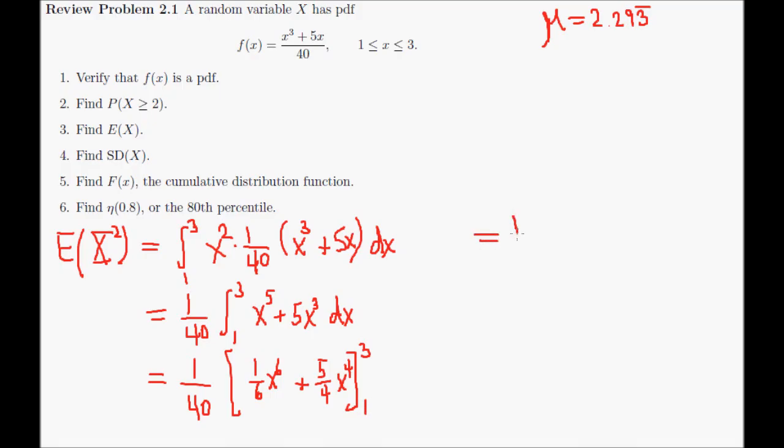That is equal to 1 over 40. Plugging in 3, 3 to the sixth divided by 6 is 729 divided by 6. Plugging in 3 here, we have 3 to the fourth is 81 times 5 for 405, divided by 4.